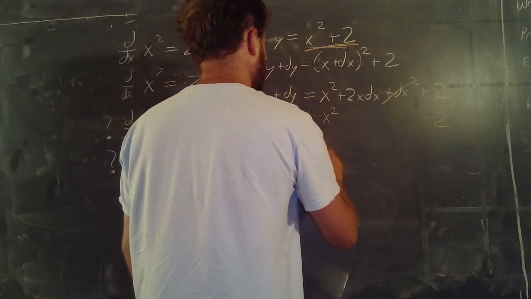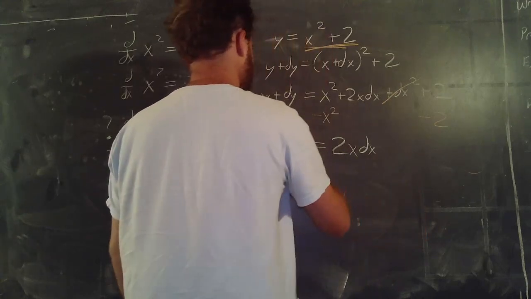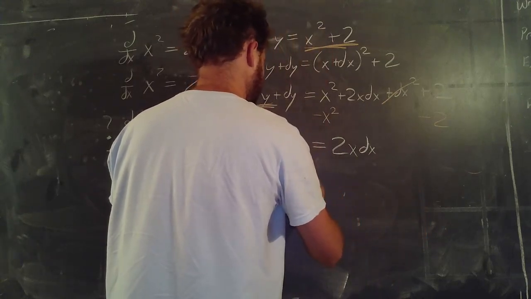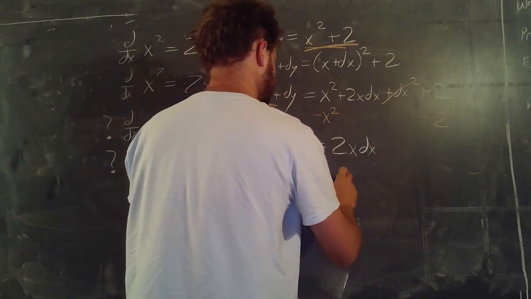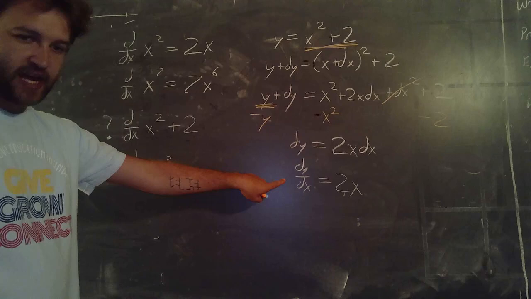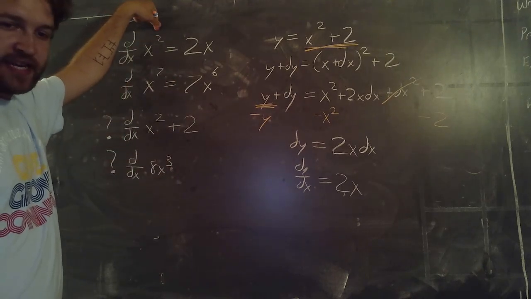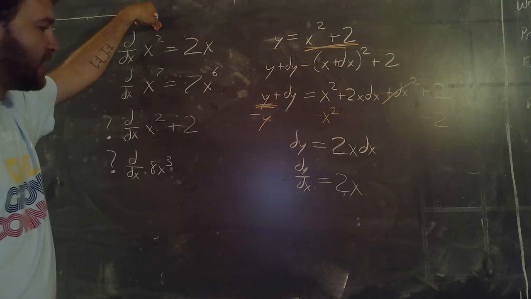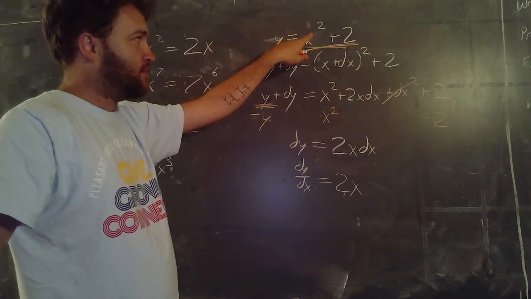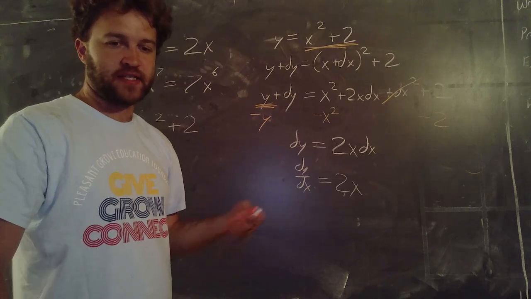Okay, so that's going to leave us with 2x dx is equal to dy, and then dy over dx is equal to 2x. And you'll notice that that's actually the same derivative as this example problem, because the variable portion of the expression is the only thing that affects the derivative.